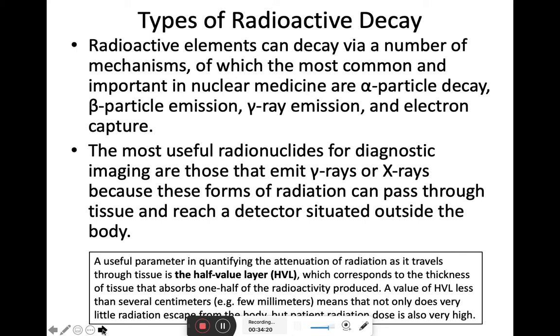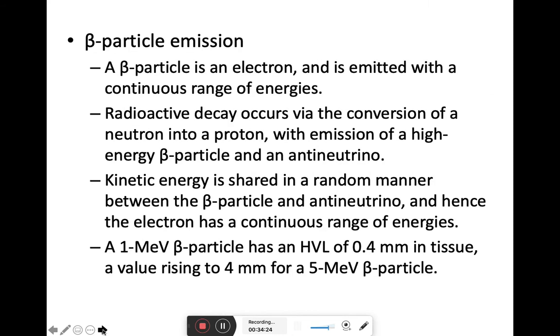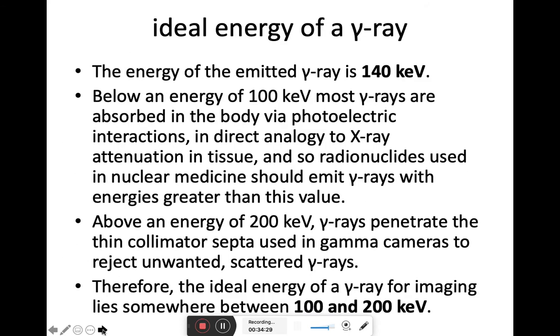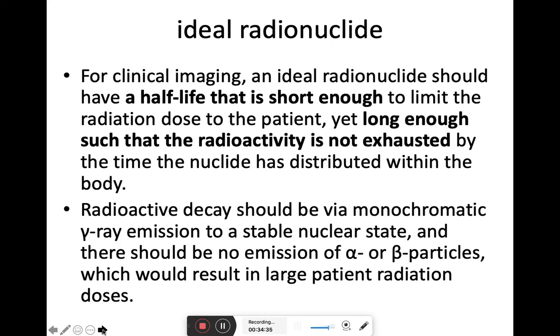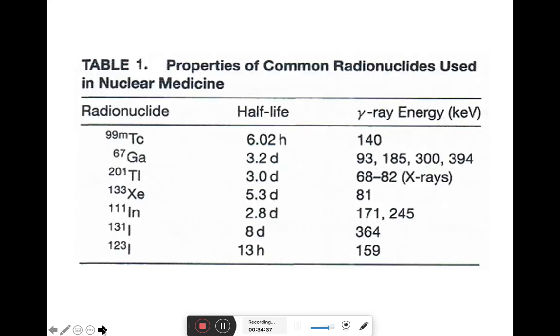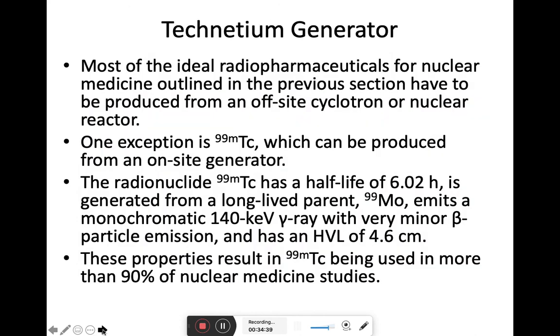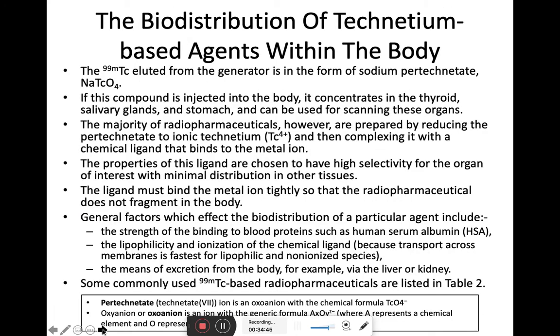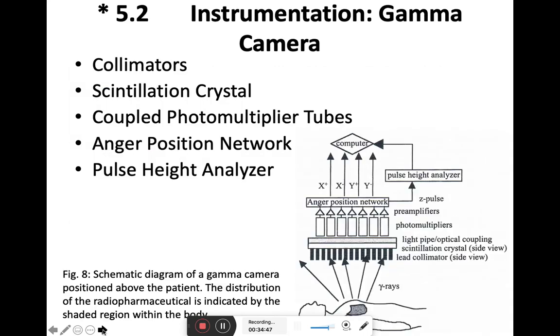So just stay tuned and be patient with me. This will be part of your tutorial question, including the metastable state, the ideal energy of gamma ray, the ideal radionuclide, and the technetium generator.